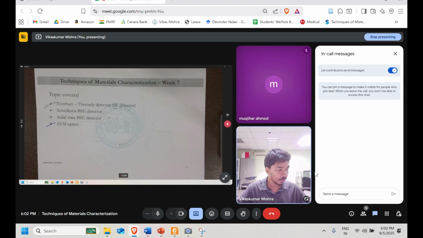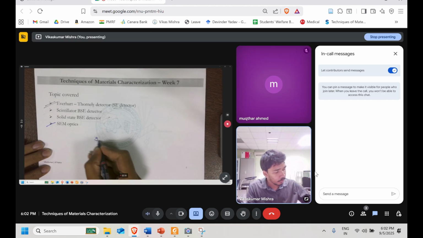Okay, so this has been covered in the class. What the professor told us is that the inline detector is used to improve the resolution of the SE. He said that the resolution is increasing because we are mostly focused on the narrow range of secondary electrons coming from the SE1. So there are two things, SE1 and SE2.